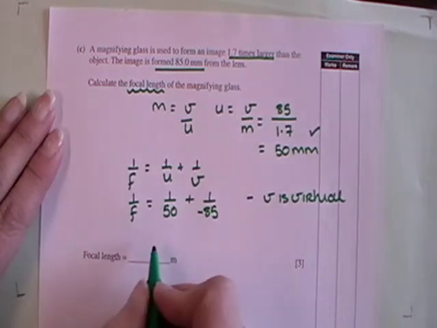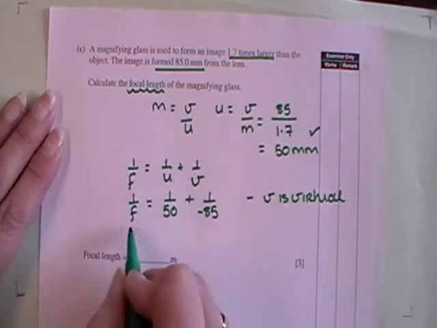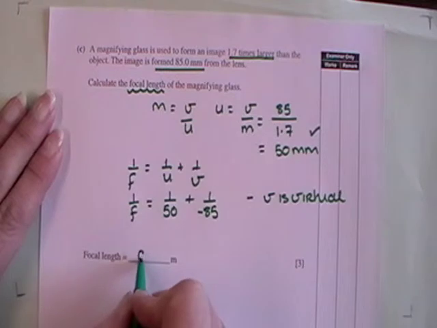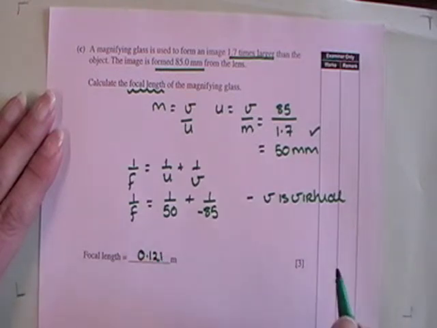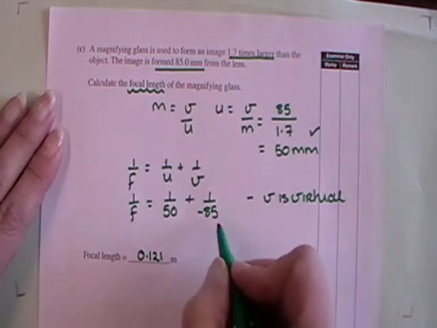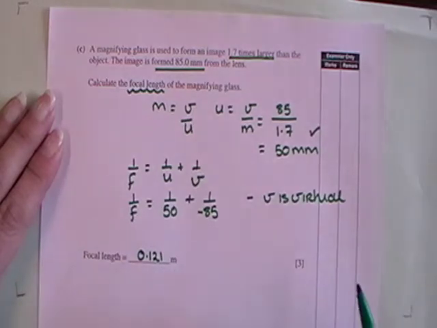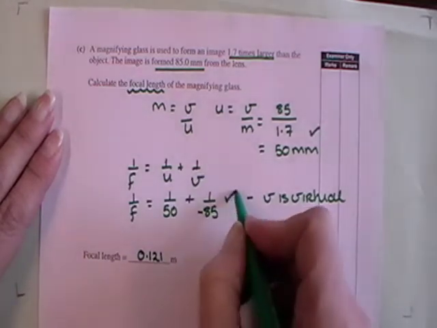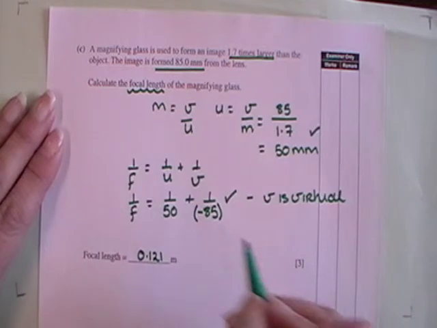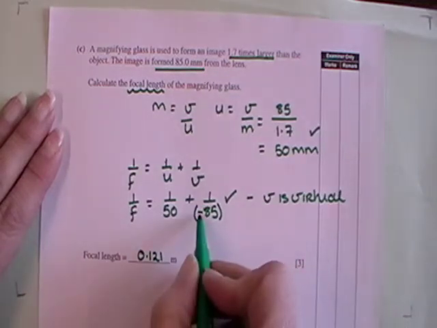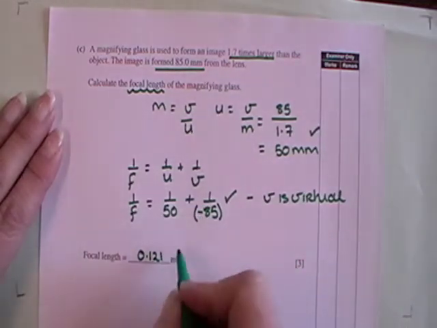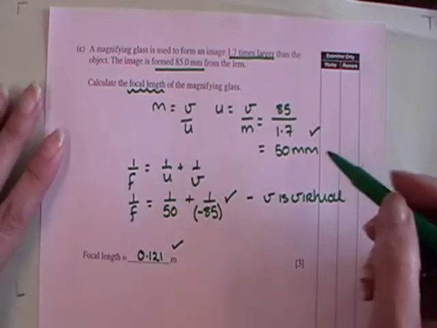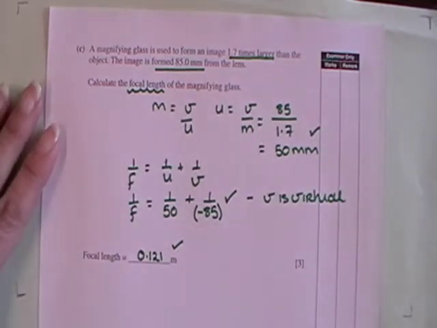And when we calculate that and find the reciprocal to find the focal length, we find that the focal length is 0.121 metres. We'll find it in millimetres and then convert it to metres. You get a mark for the correct substitution, including that negative sign for the virtual, and then a mark for the answer. So 3 marks in that question.